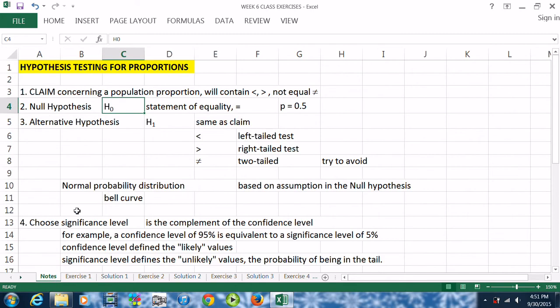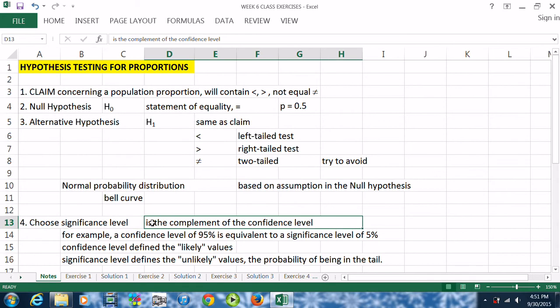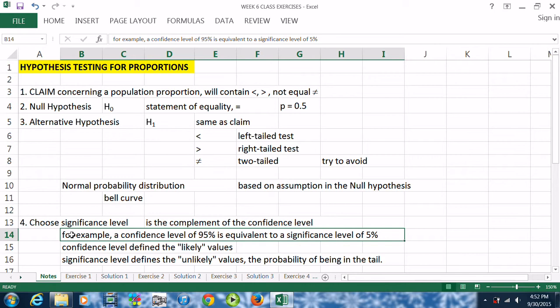So what are we considering a small probability? That is what we call a significance level. So in step 4, we choose a significance level. And you can think of the significance level as a complement of the confidence level that we saw when we did confidence intervals. So for example, a 95% confidence level is equivalent to a 5% significance level.